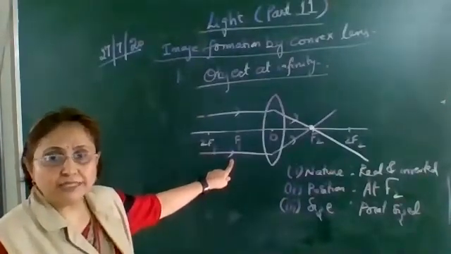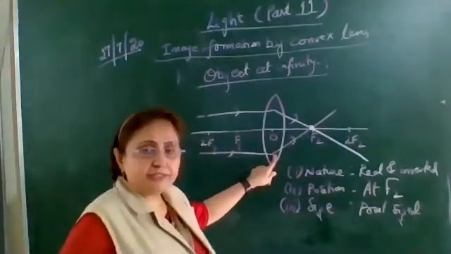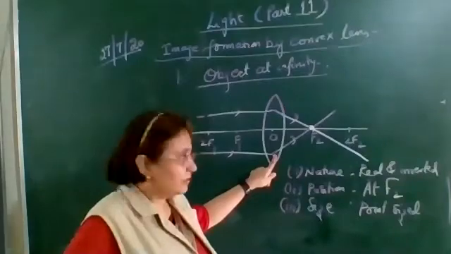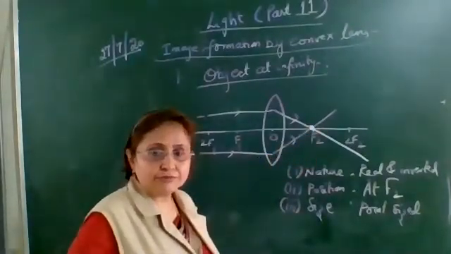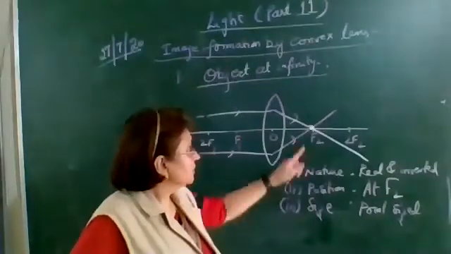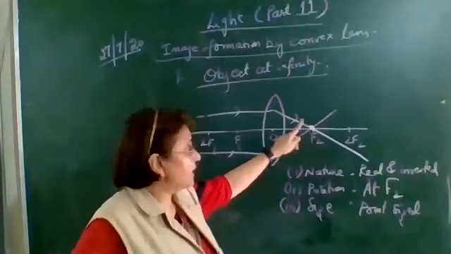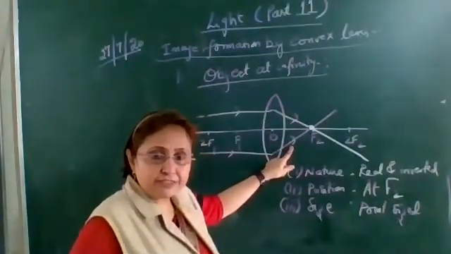So mark the incident rays and then bend them at the center of the lens. Pass both the rays through F2. Okay, so the image will be formed at F2. Draw the arrows for the refracted rays.